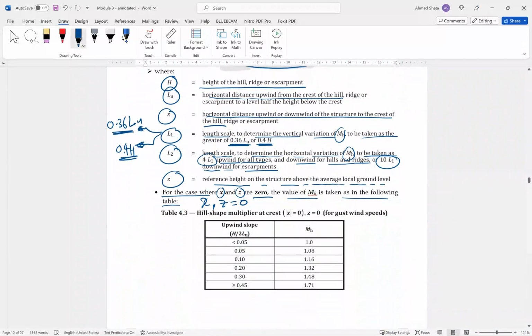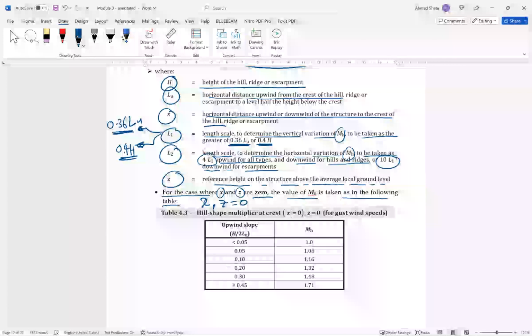So the Hill multiplier factor MH will be taken from this table if X or Z equals 0.